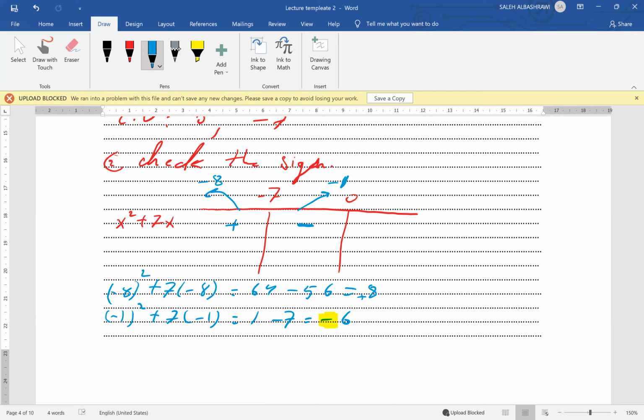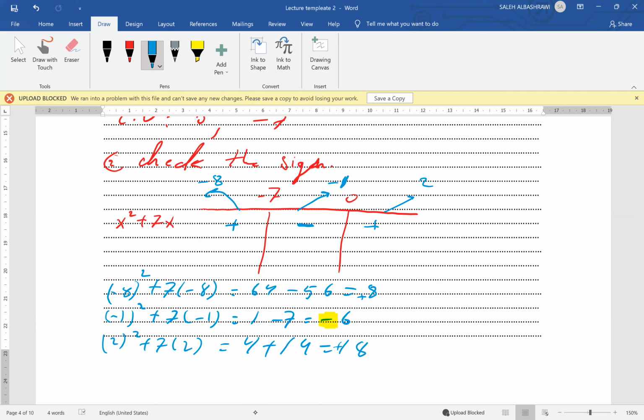Greater than 0, I will choose 2. So substitute x by 2. It is 2 squared plus 7 times 2 equal to 4 plus 14, which is equal to 18. It is positive, so the sign is positive. Now I have positive, negative, and positive.